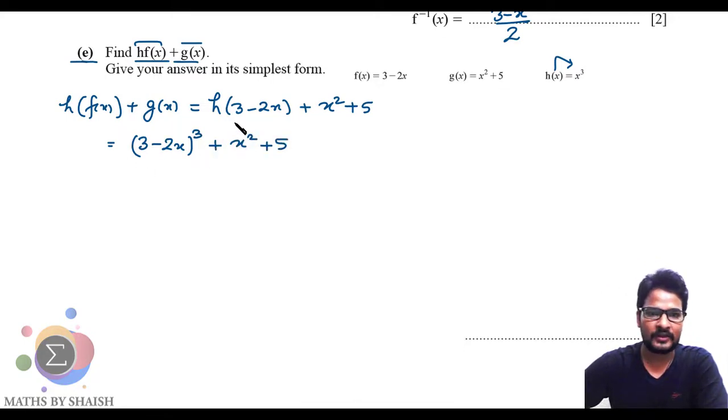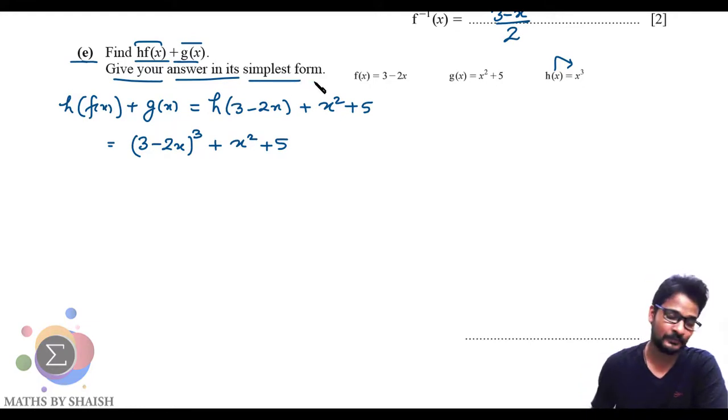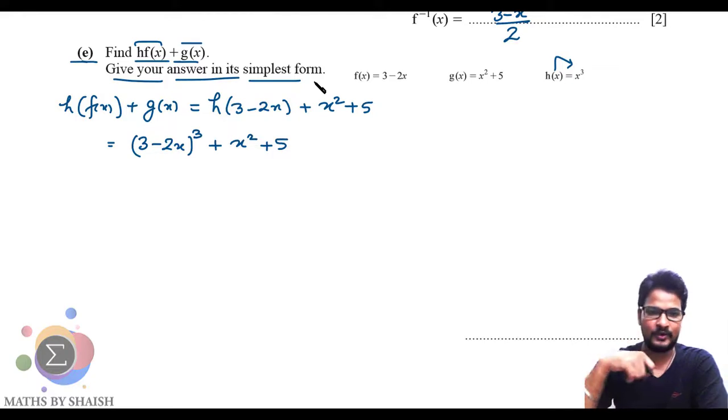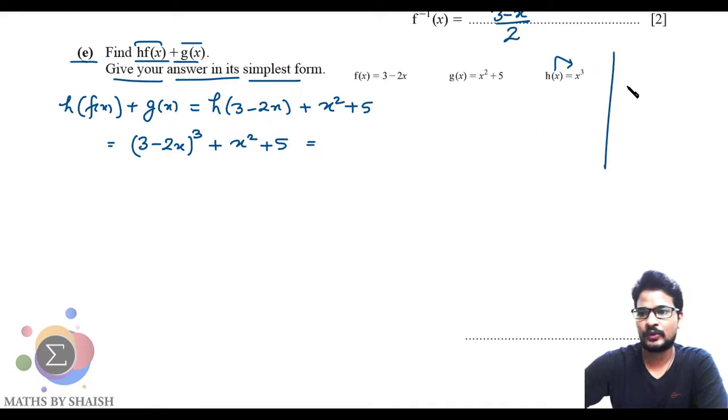We could have left it here, but this time they have asked us to write it in the simplest form. So it means we are going to open the bracket.